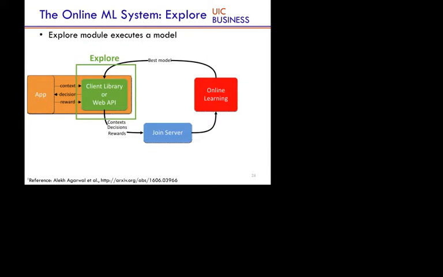It has an explore part. So explore part is just executing a model. A model is going to be the recommendation policy, right? If the user profile is something, then show these items, right? That's going to be the model. It can be a decision tree or it can be something else. I don't want to fix a particular model, but explore is going to just execute a model.